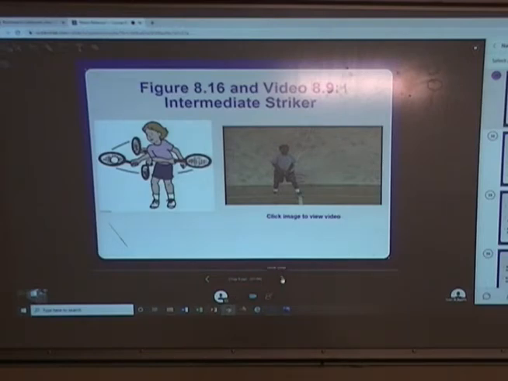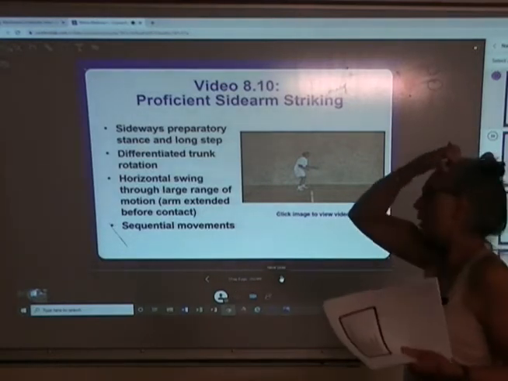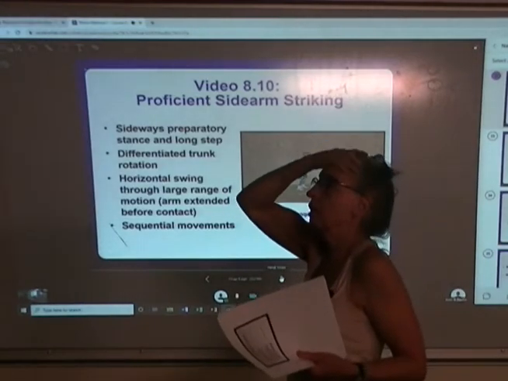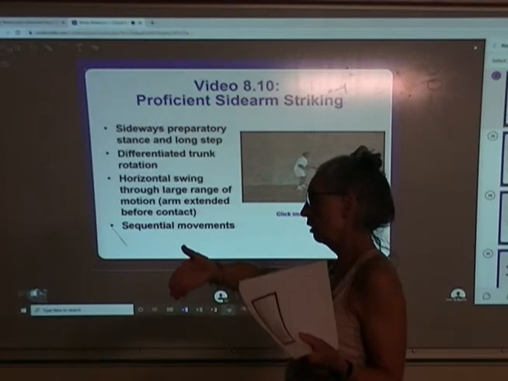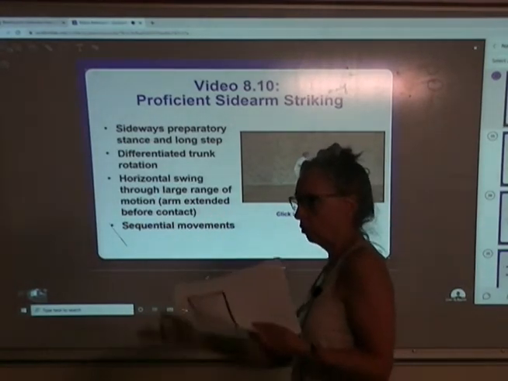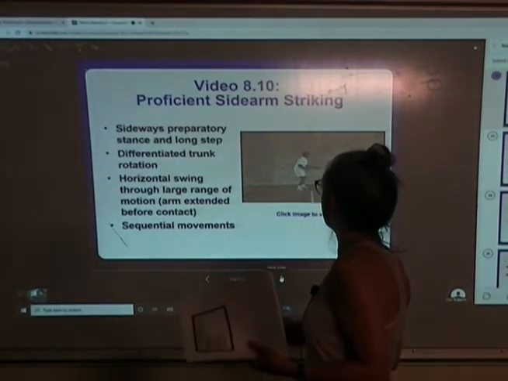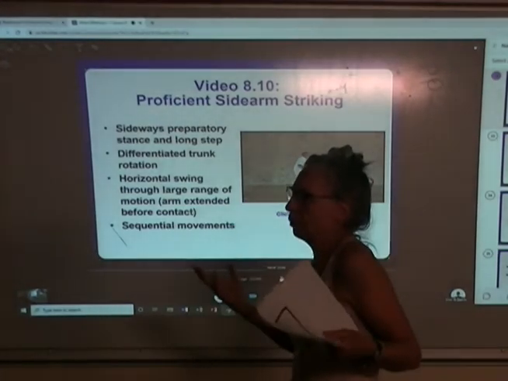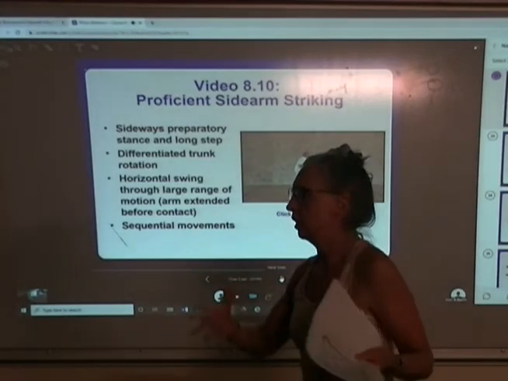Okay, so proficient sidearm striking, they would call that young boy intermediate. It would be interesting to have had a comparison of him hitting the ball on the string and him hitting a ball that was thrown or hit to him, because obviously hitting the ball on the string isn't a real world activity.